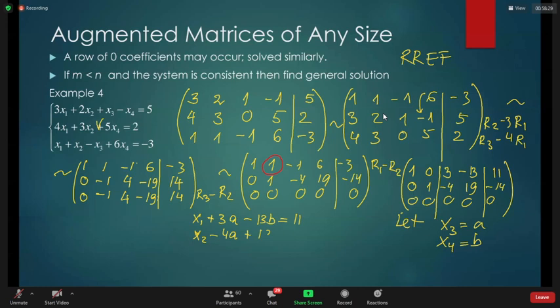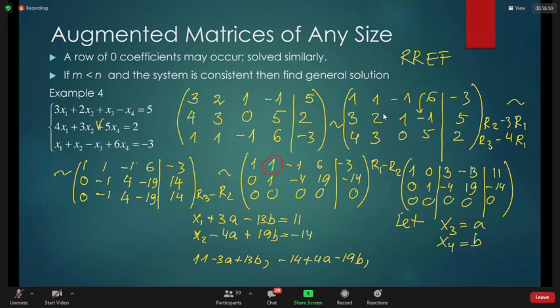So in principle, I can have the general solution like this. So x1 would be 11 minus 3a plus 13b. x2 would be, let's see, okay, all right, minus 14 plus 4a minus 19b.